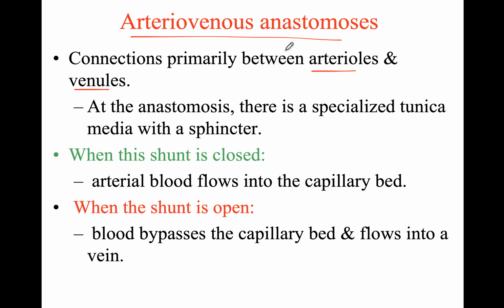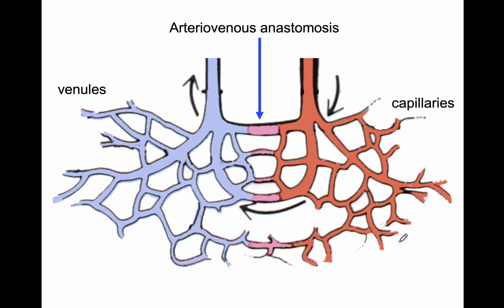Usually in this anastomosis we have a specialized tunica media which works as a sphincter to control the blood flow. If the shunt is closed by the sphincter, the blood will flow in the capillary bed and from the capillary bed toward the veins. But if this shunt is open, the blood will bypass the capillaries and go directly toward the venules.